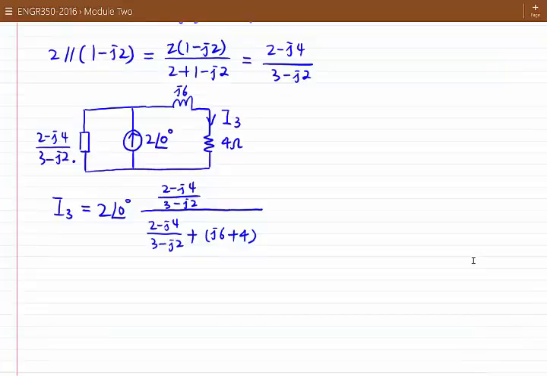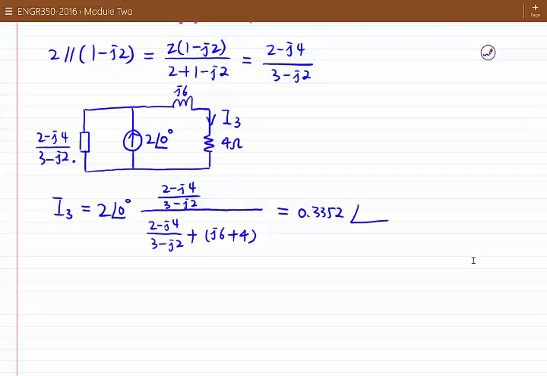So we can solve for the final solution. It is 0.3352 at minus 76.43 degree. If we convert it into the time domain solution, we take the amplitude, which is 0.3352, times cosine, because the base function is a cosine function, times omega t.